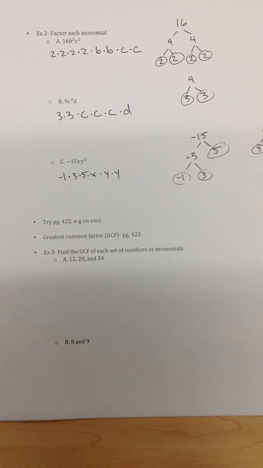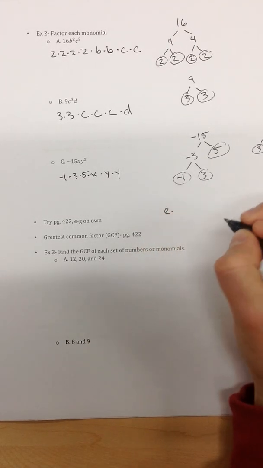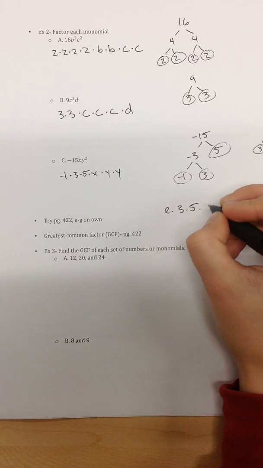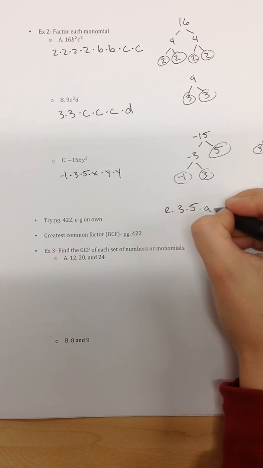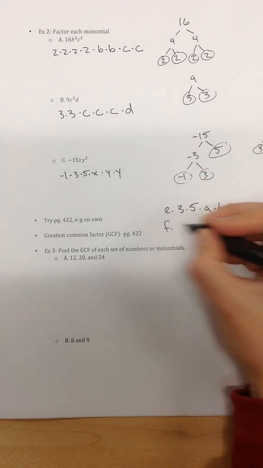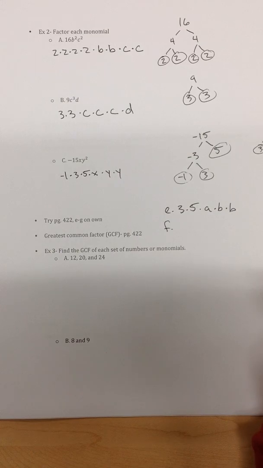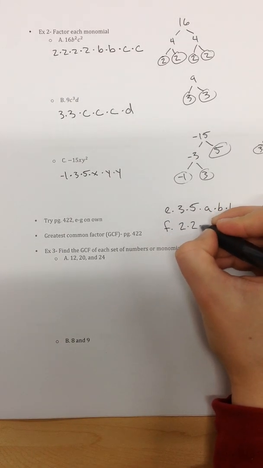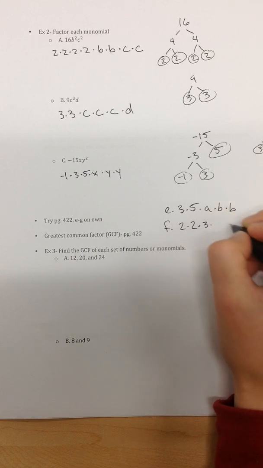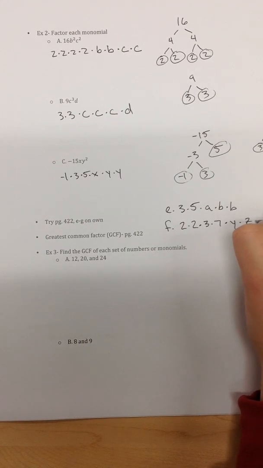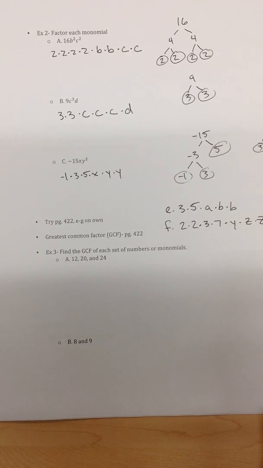Okay, so E, they got 3 times 5 times a times b times b. F, they got 2 times 2 times 3 times 7 times y times z times z.